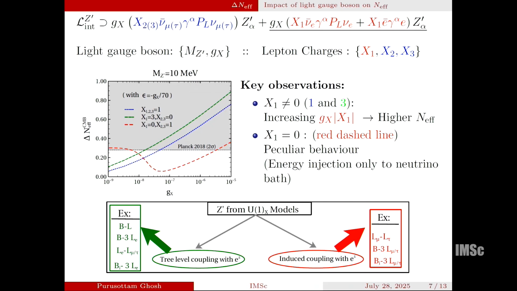And in the second category, where x1 equal to 0, the Z prime doesn't have a tree-level interaction with the electron positron. However, they can interact with the electron positron via an induced coupling, a loop-induced coupling. So these are the U1x models that fall in this category.